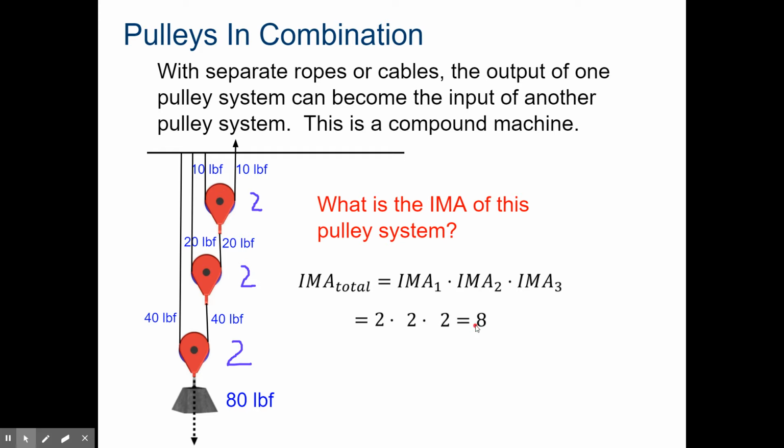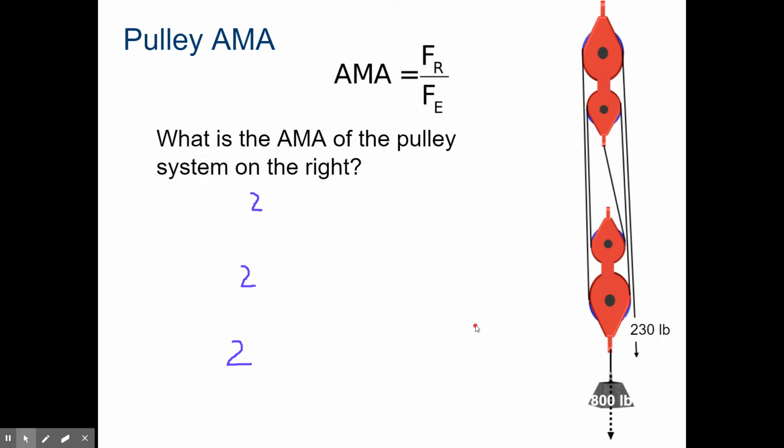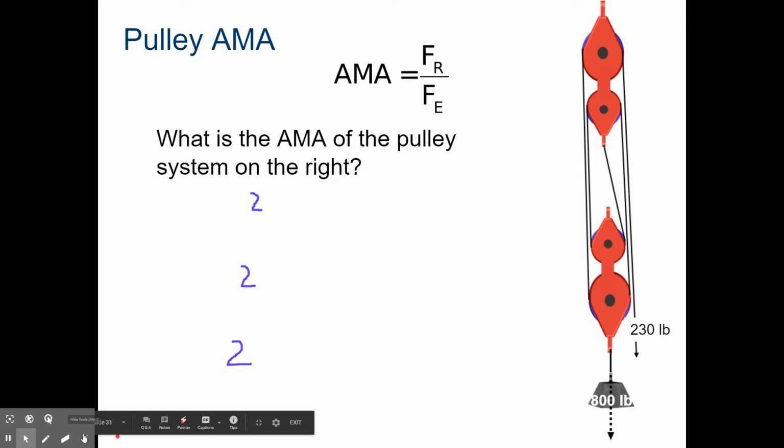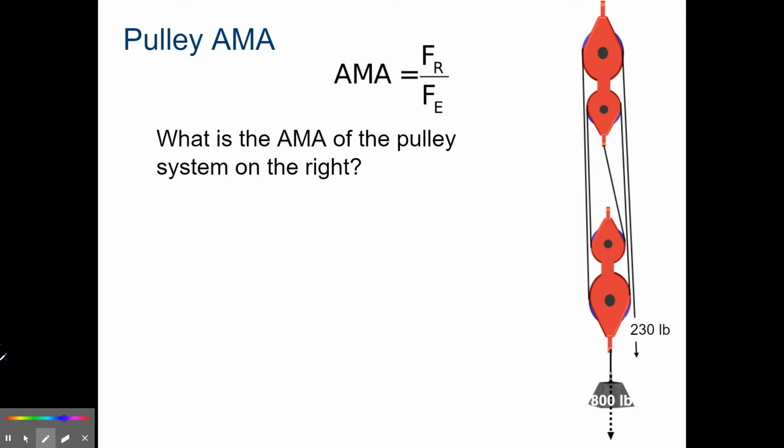Okay? The IMA. Now, AMA. A little simpler, because we're going to deal with the forces, don't have to count anything. What is the AMA of this system of pulleys? Effort force right here. I'm pulling down 230 pounds.